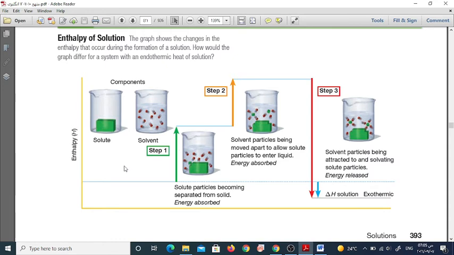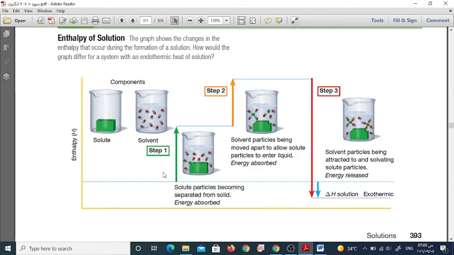In step 1, solute particles become separated from the solid. This step absorbs energy, takes energy from the surroundings. Step 2, solvent particles are moved apart to allow solute particles to enter the liquid. This is also absorbing energy, gaining energy from the surroundings.